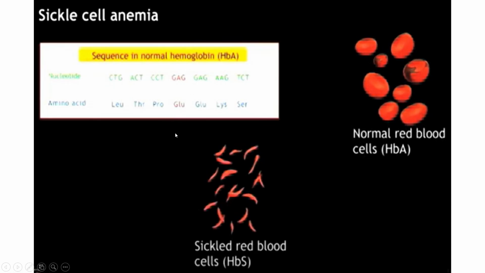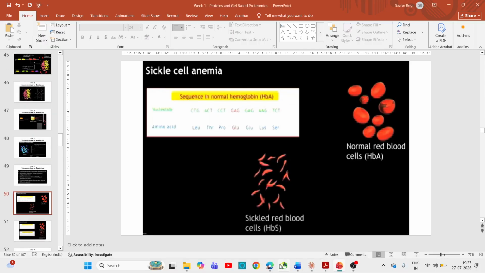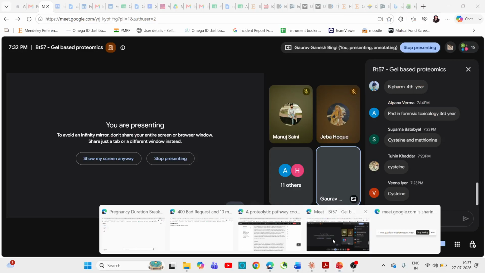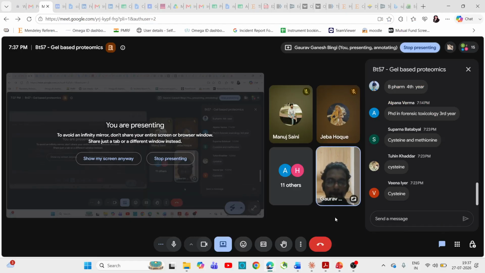So if you know how proteins are coded, if you know about codons, do you all know about codons? Anyone here? You might have studied that in your 11th, 12th standard, or in your first year, like the ones who are doing BSc here. Yes, you might have heard about codons, right?